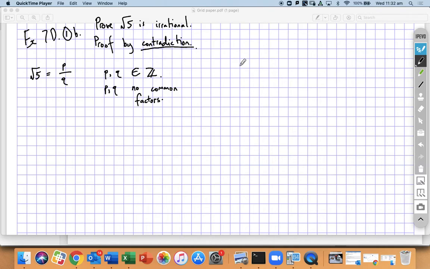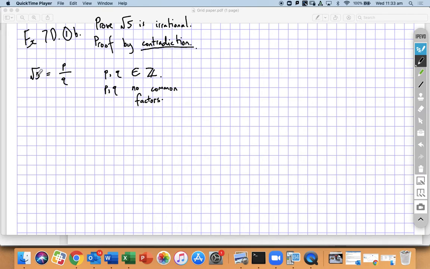P and Q could not be this, right? That's what I'm saying. But it could be a half. This fraction's already in its simplest form. And that's really key to the proof.